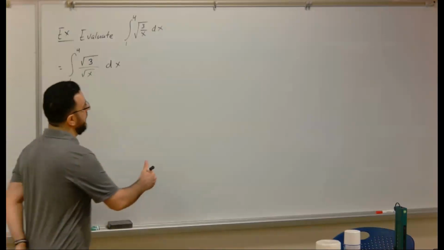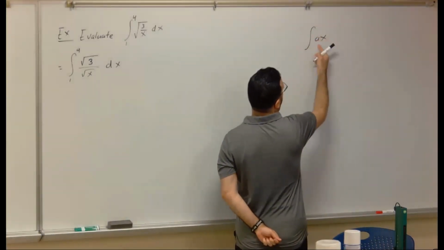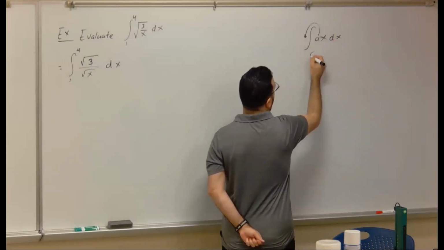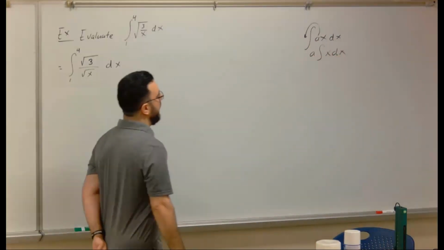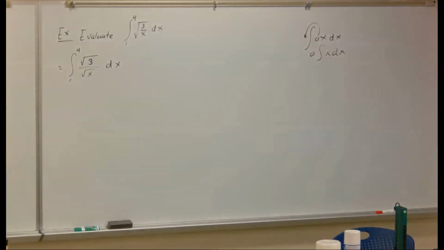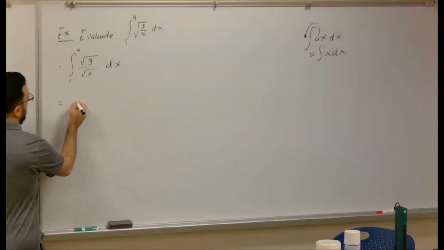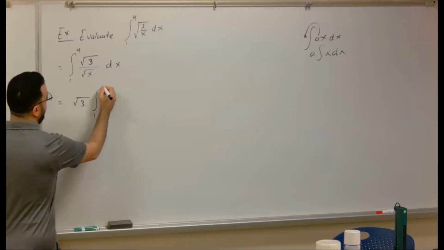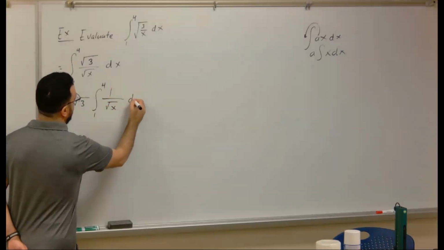Yes, because remember, we have a rule that says if you have the integral of a x dx, you can take the a out, so it's the same thing as a times the integral of x dx. Since this is a constant, this is going to be square root of 3 times the integral from 1 to 4 of 1 over square root of x dx.